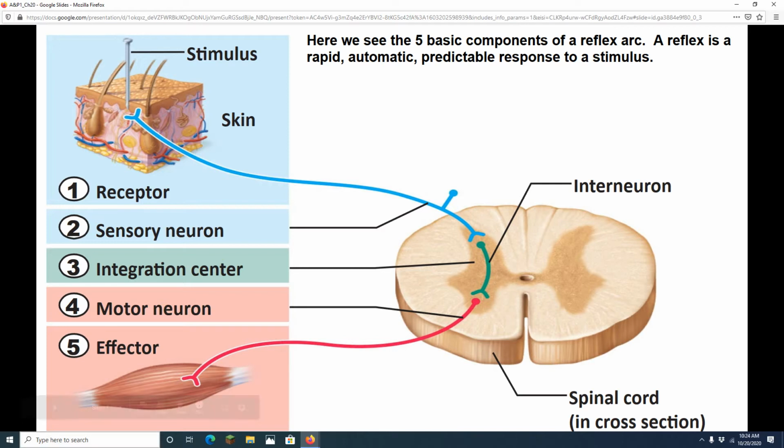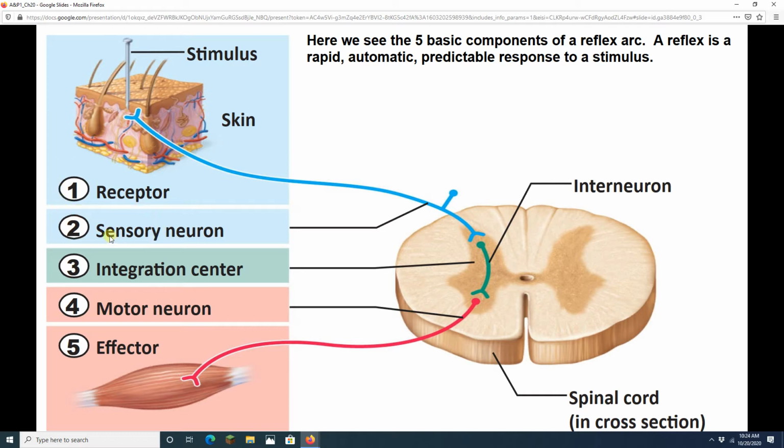We have the components of what's called the reflex arc, which is the series of things that come together to allow a reflex to occur. And notice if I look at all the stuff, it kind of has a curvy arc-like shape. So first of all, you need a stimulus, and you need something to respond to the stimulus. The thing that responds, that detects the stimulus, is a receptor.